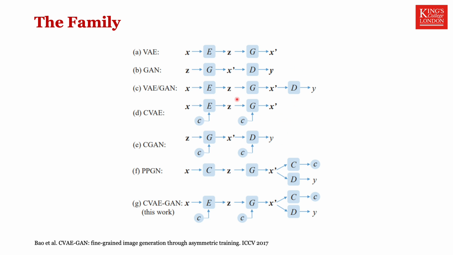For example, in these other two methods, the CVAE GAN and this PPGN GAN, all of these different methods basically use the same kind of setting where you have a discriminator discriminating between real and fake images, but you also want to have a classifier that takes the generated image and predicts what the covariate of interest would be. What does that mean? Imagine that you have only this first part here, only the VAE GAN.